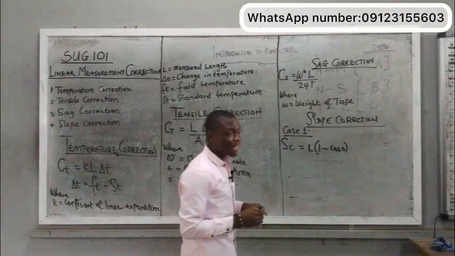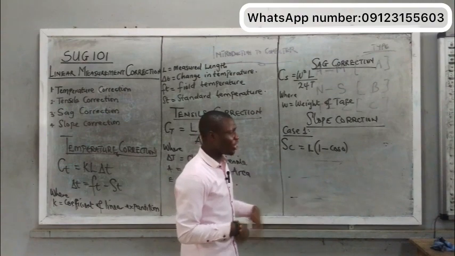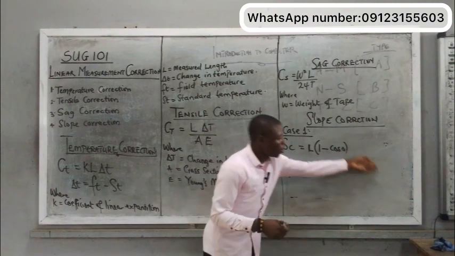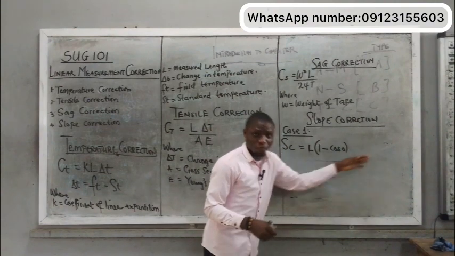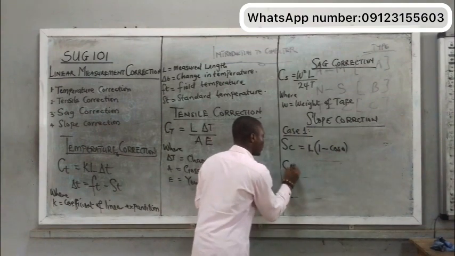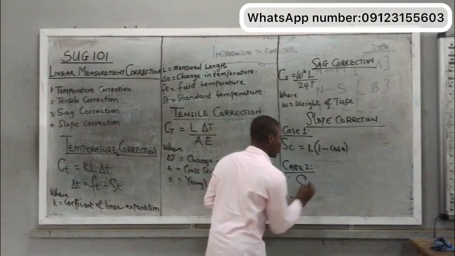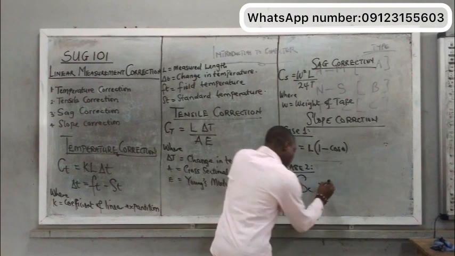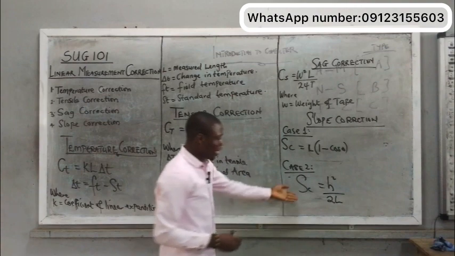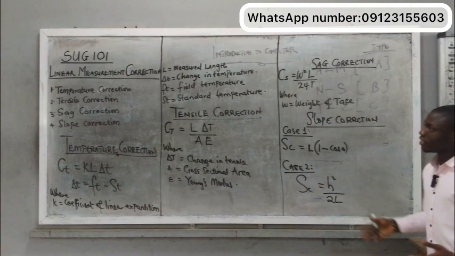Here's the formula to solve slope correction for case 1. For case 2, if the inclined ground is not given in angle, slope correction is equal to h squared over 2L. So there's my formula for these. Please, that's the right formula.